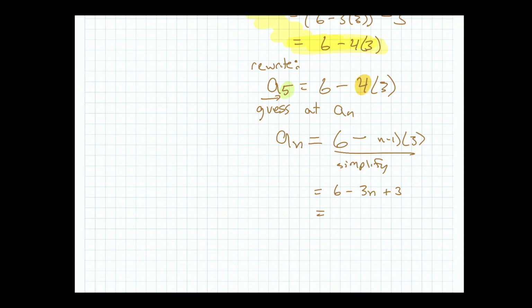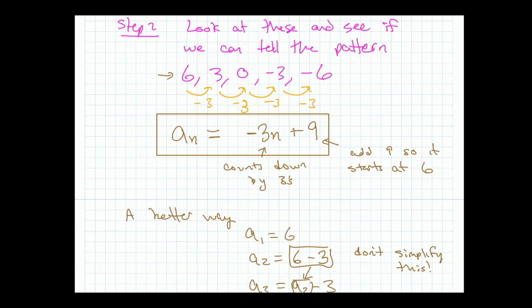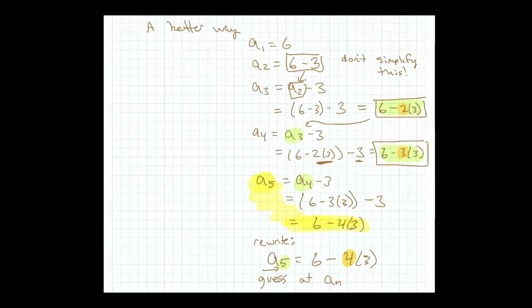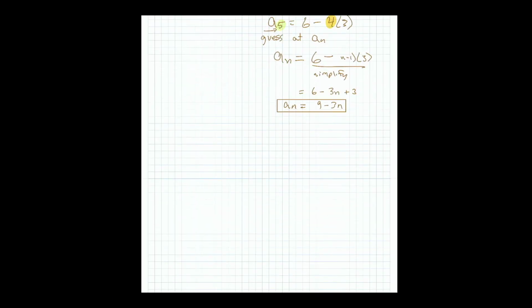That would be 6 plus 3, which is 9 minus 3n. Okay, so that's another way to get that formula, right? 9 minus 3n. But, you know, is that really a better way? I don't know. But that's the way the book, or the homework anyway, would advocate that you solved for that.